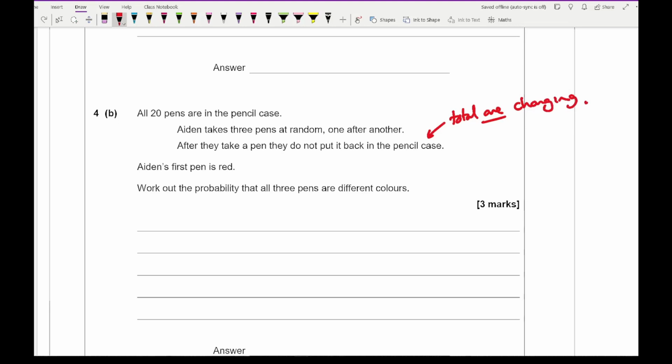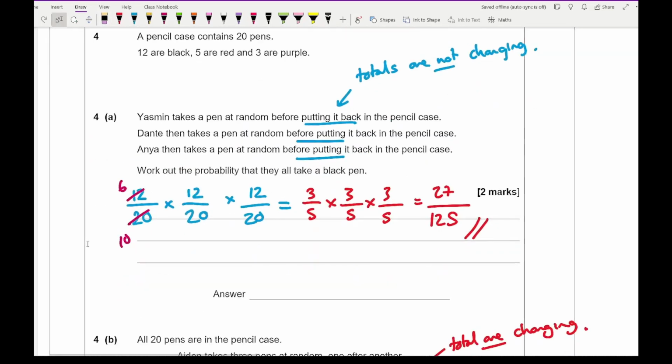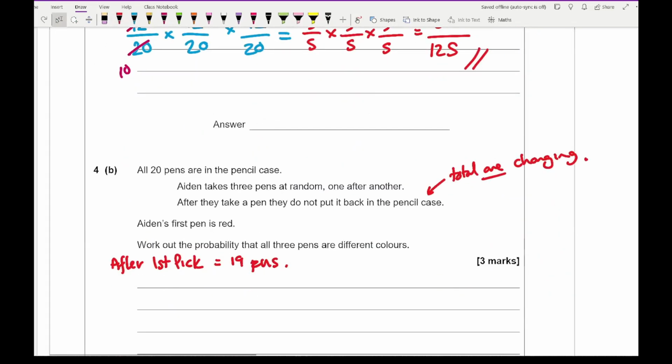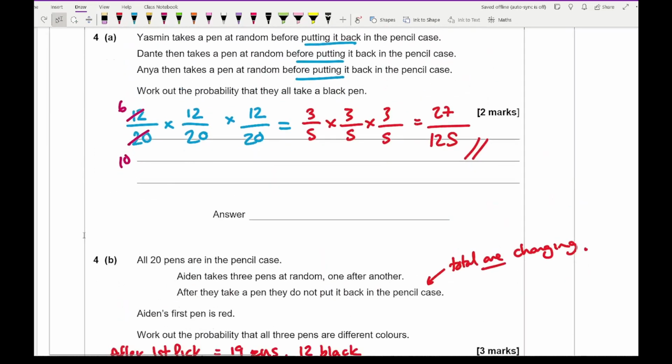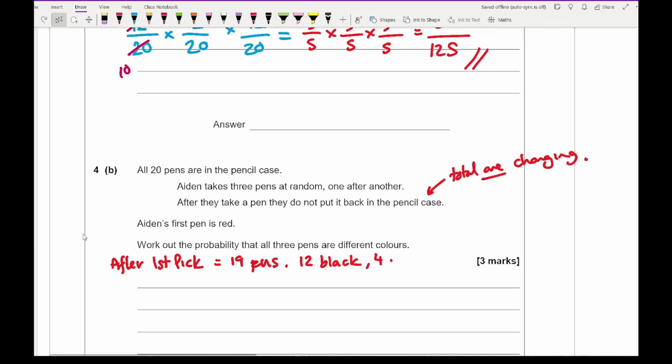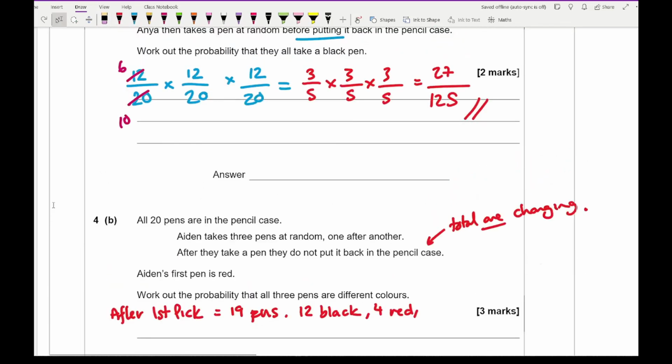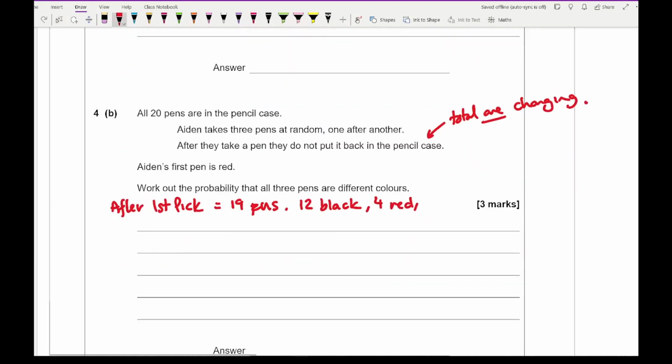Well, if we know that a red pen is taken, then after the first pick we have 19 pens, and of those 19 pens, 12 are still black. We have 4 red, because 1 red has been taken, and we have 3 purple.